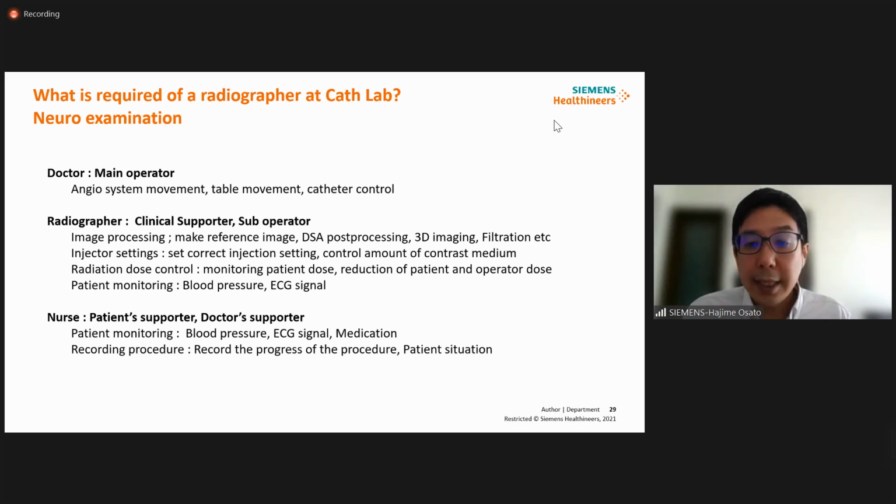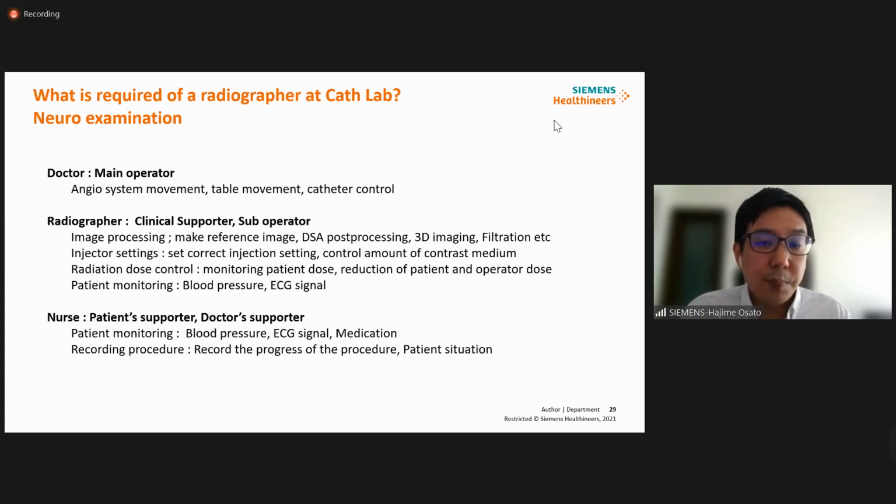In the neuro examination, some image processing is required, like DSA post-processing and 3D acquisition support and so on. Also radiation dose controlling. So the radiographer makes the procedure smooth and safe.